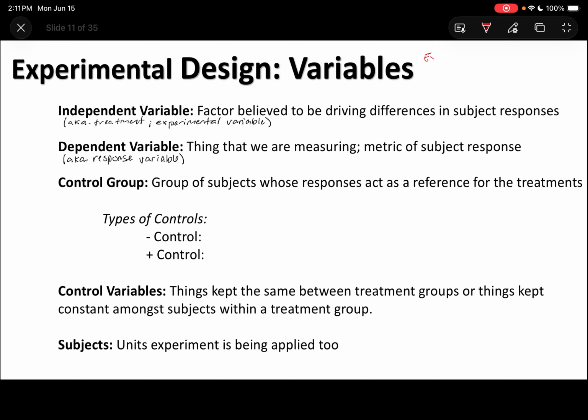So the experiment is looking to see if the dependent variable, which I'm just going to abbreviate as DV, is either dependent or at least linked to the independent variable, okay?